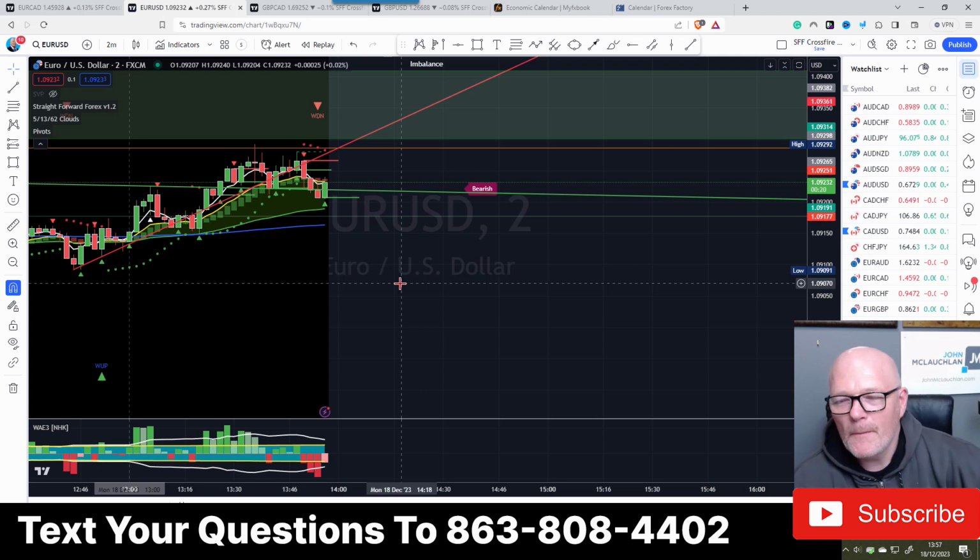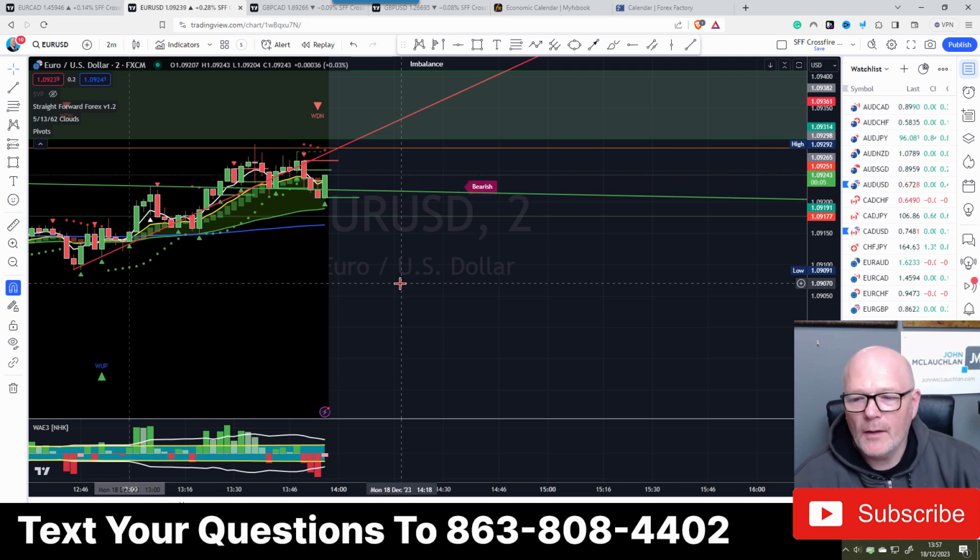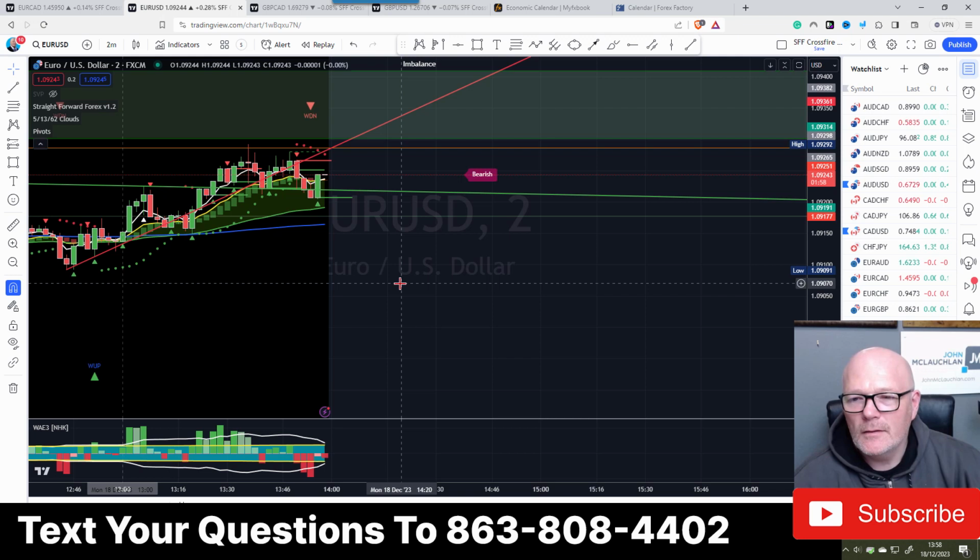Just interesting to see what's going to happen on this one. Got 18 seconds left on this time frame. Waddah Attar is still showing red, and we've also got a wave down, but that's irrelevant. I just want to see what happens on this trend line. Right, so there you go.